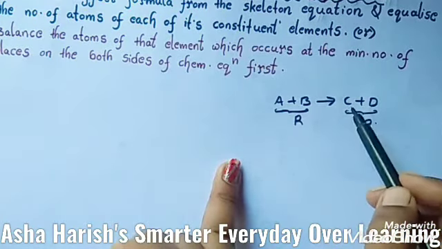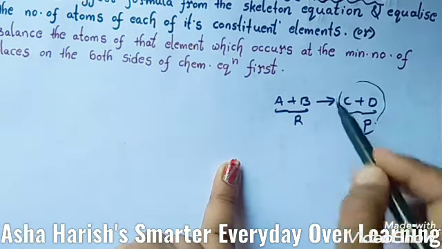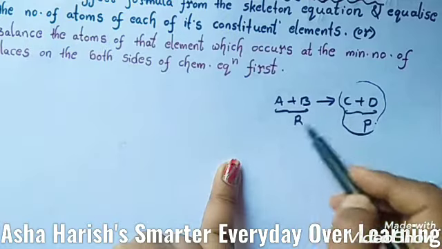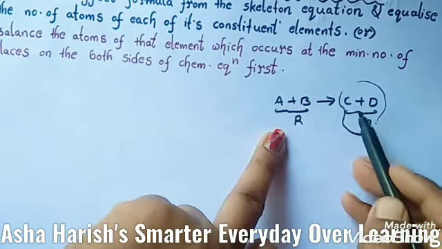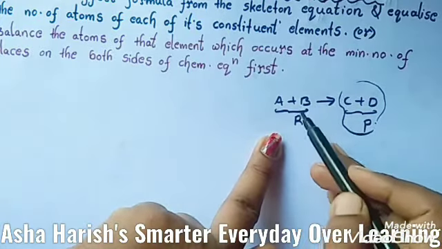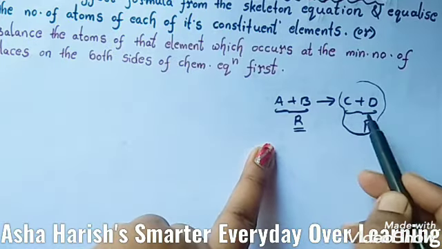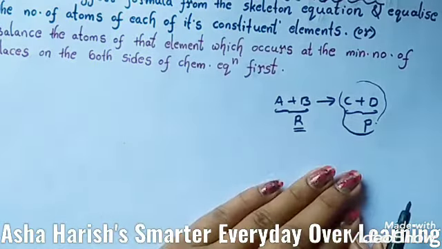After completion of the chemical reaction, what we get are known as products. And the substances which are participating in the chemical reaction, which undergo a change, are called reactants. That is the difference between reactants and the products.